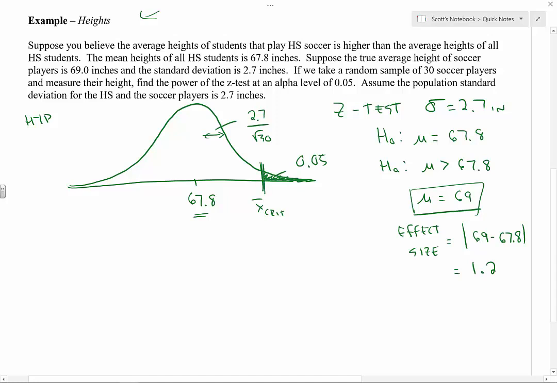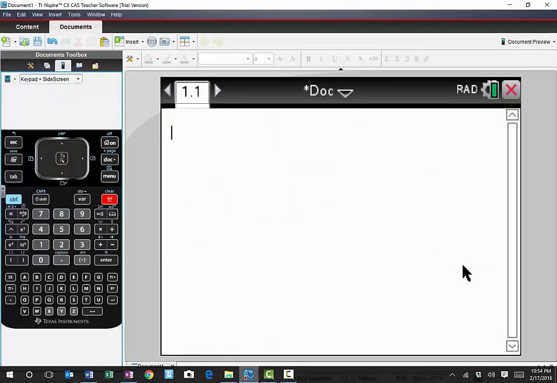So let's find that x bar crit. That's going to be the inverse normal in your calculator. Area to the left is 0.95, mean is 67.8, and the standard deviation is 2.7 over the square root of 30. If you type that in your calculator, it'll give us that critical cutoff value for my mean.